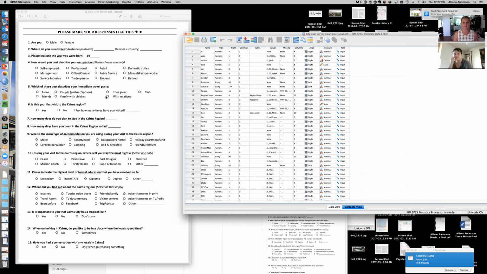When people come to Cairns, they're usually interested in experiencing the Great Barrier Reef and going out to natural things. Well, my research was looking at what people actually did in the city, not as nature-based tourists, but how they used the city, what they liked and disliked about the city and so forth. So I didn't do it the way it says in the textbook.